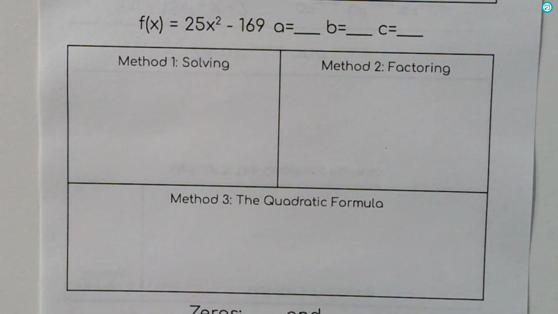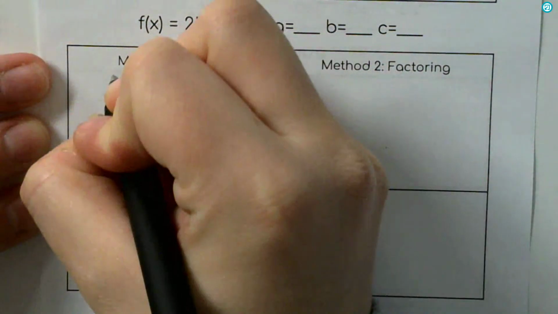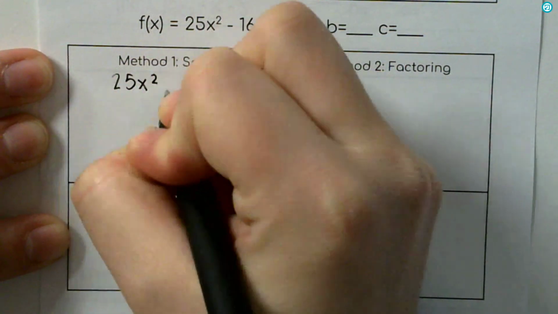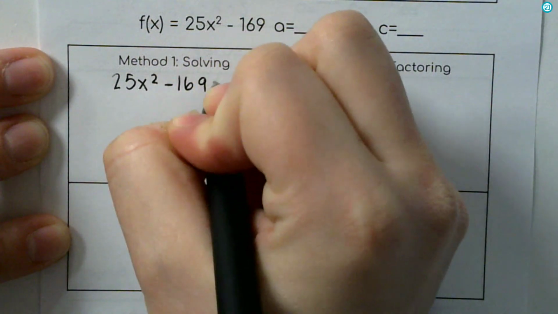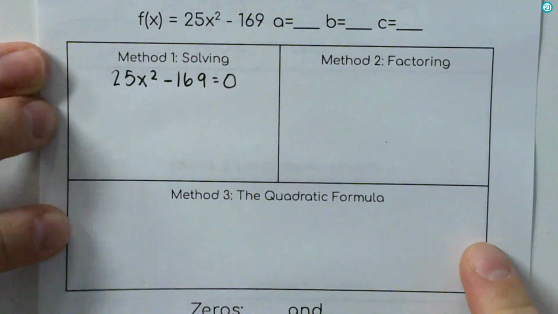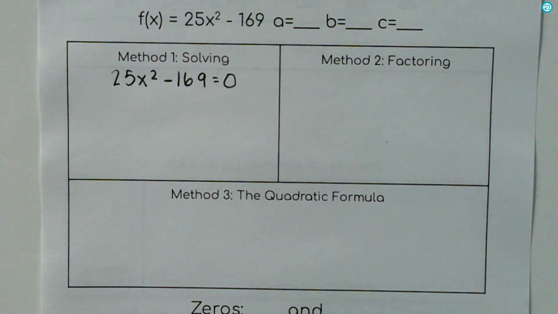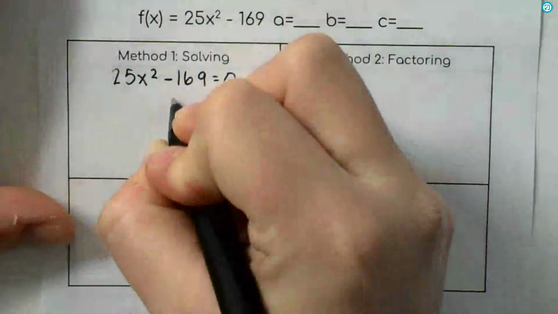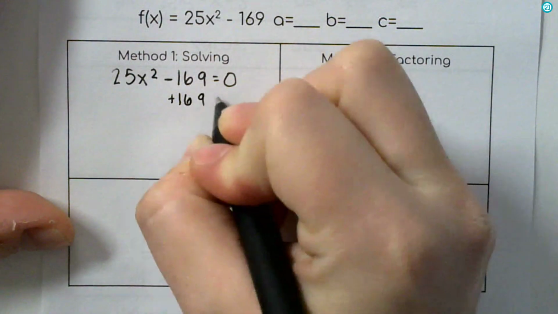So the first one is solving. I'm going to set it equal to 0. So 25x squared minus 169 equals 0. From there, we need to get x squared by itself. We're going to add 169 to both sides.